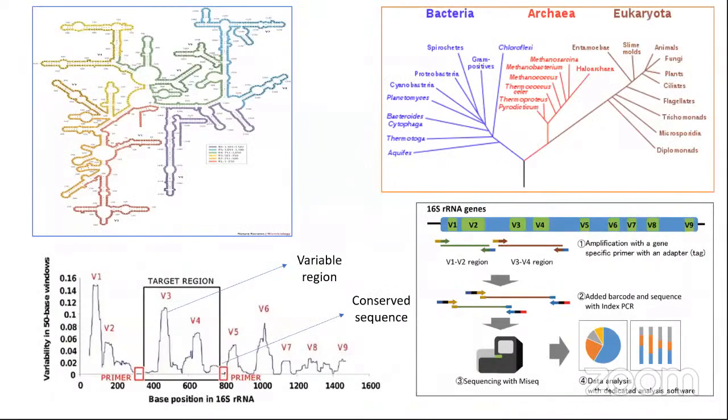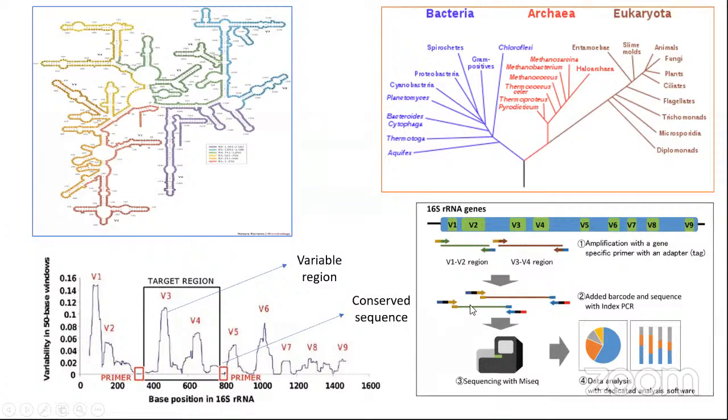So this is the 16S rRNA, and it has several conserved and variable regions. Generally, those who opt for 16S rRNA sequencing design the primers from these two regions, which have been shown in arrows. These are the primers from the conserved region, and they amplify these regions and ultimately send it for sequencing.